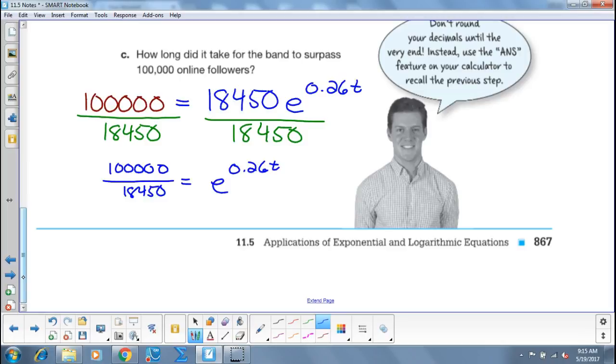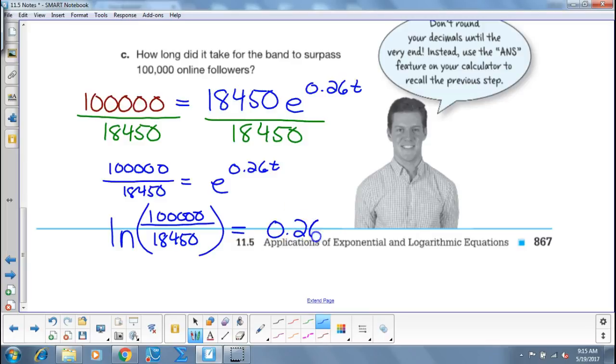When I switch forms, we don't say log base e, do we? We say natural log instead. So log base e is natural log of that fraction, and that's going to equal 0.26t. Now let's go to the calculators and figure out what the natural log of that fraction is.